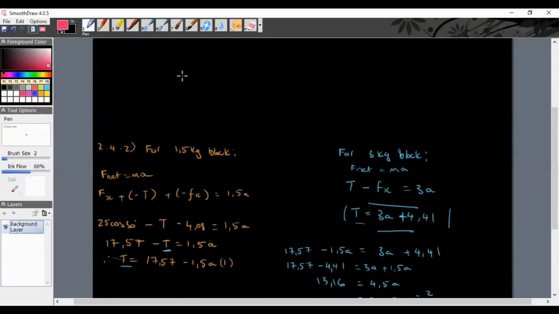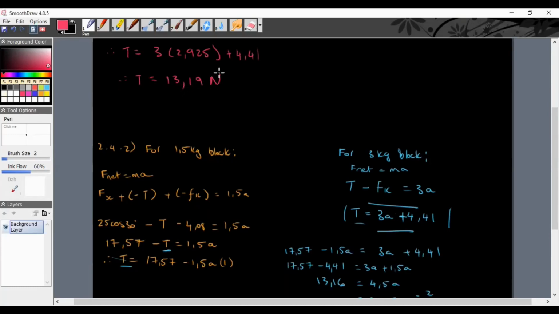Looking at 2.4.2, which still continues, therefore T is equal to 3 times 2.925 plus 4.41. Plugging that into the calculator, the value of tension should give us 13.185, so 13.19 newtons.